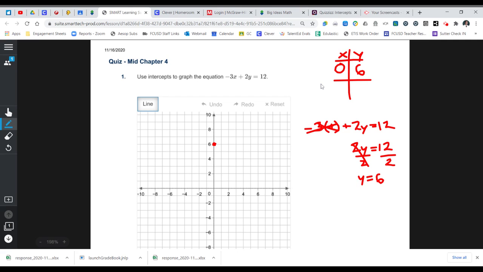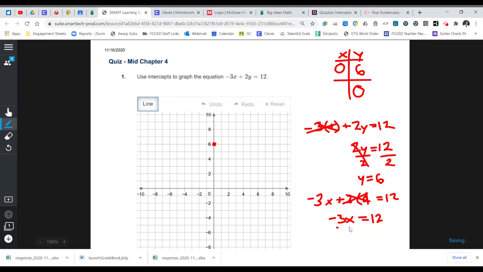Next, I want to find the x-intercept. And x-intercept is when the y's feel like zeros. So y is 0. I'm going to go ahead and plug in 0 for y into my equation. And it equals 12. And what I need to do is solve for x. So that'll give me the x-intercept. Well, 2 times 0 is 0, so -3x equals 12.